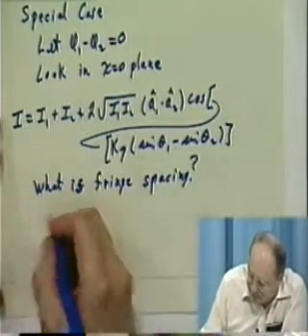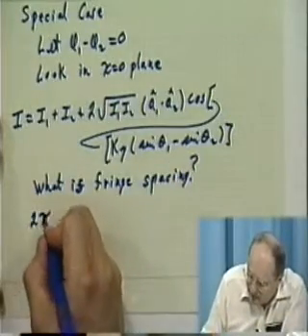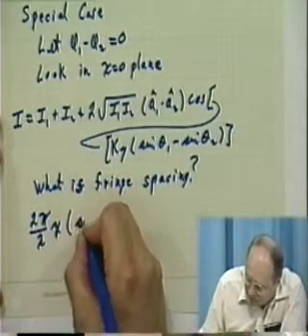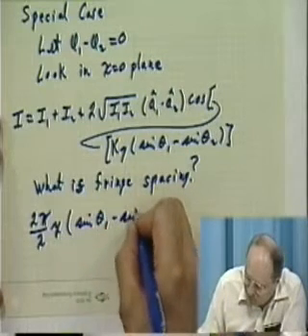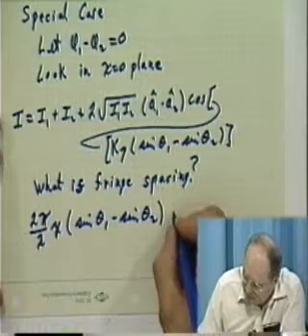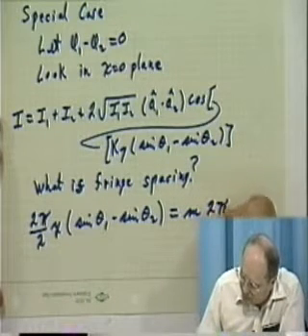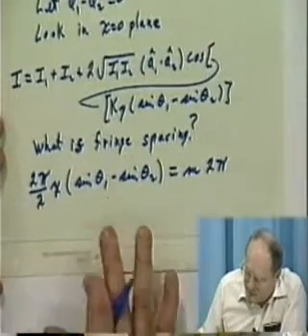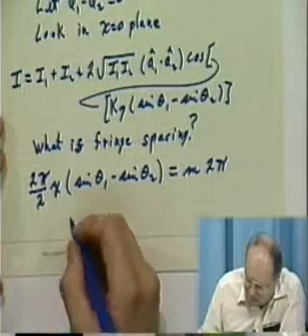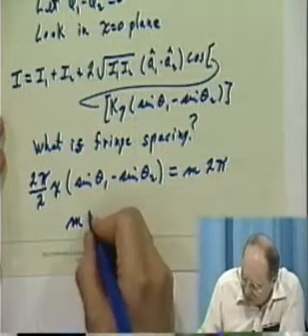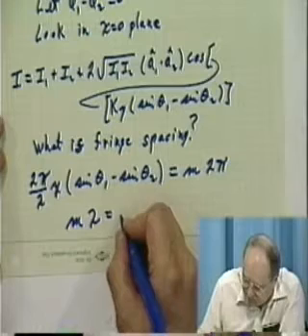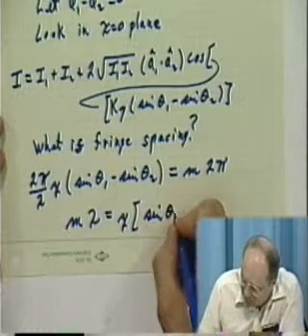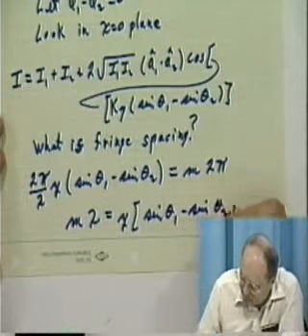So what I can say here is that k, 2 pi over lambda, times y, times the sine theta 1 minus the sine of theta 2 is equal to some integer times 2 pi for a given fringe. And I could cancel out the 2 pi's, and I could say that m times lambda for a given fringe is y times sine theta 1 minus sine theta 2.